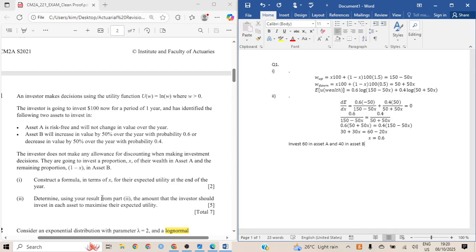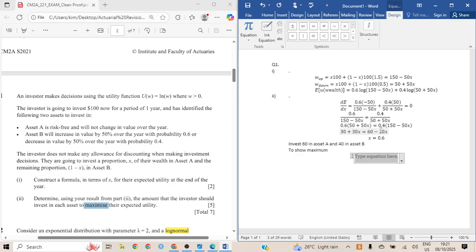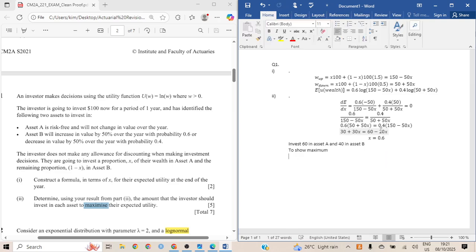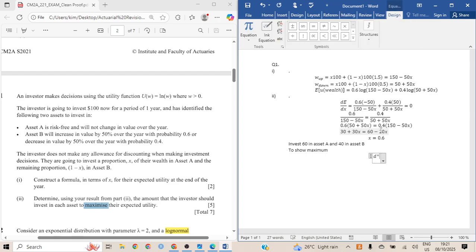But we are not done with this question. Since it is a maximizing question, we have to show that this is a maximum. To show a maximum, we have to do the second derivative, d squared E divided by dx squared.